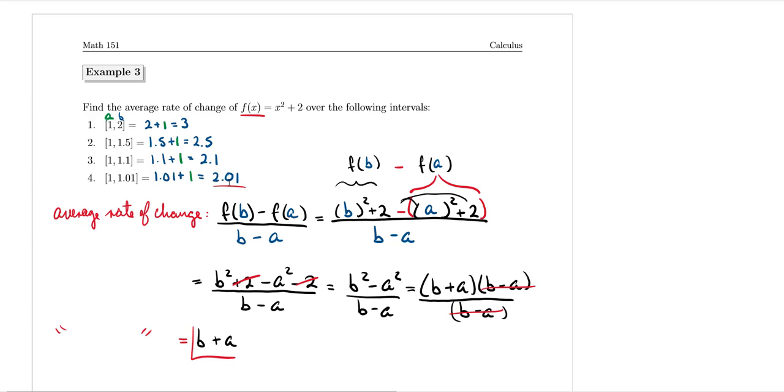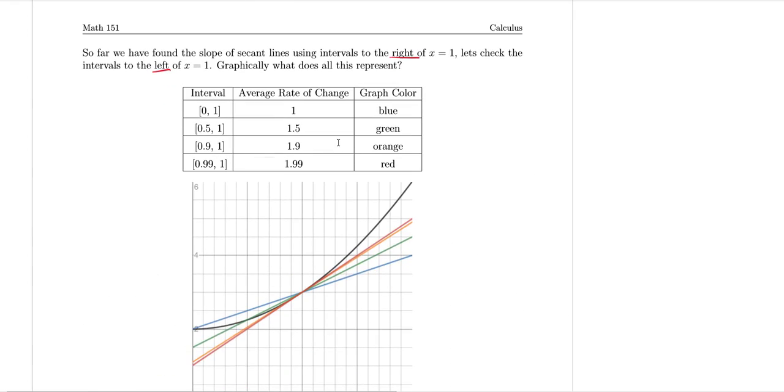Okay, so graphically what is happening? Well, we get to see here that on the largest interval from 0 to 1, labeled here in blue, I have the secant line represented here.